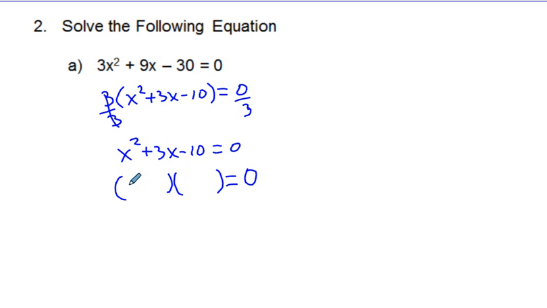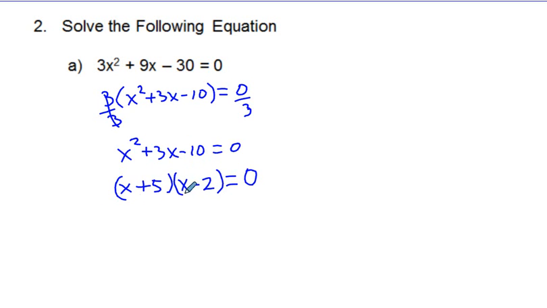So we're going to have to get a negative 10, so we're going to have a plus and a minus. And I'm thinking 5 and 2, and 3 is a positive, so I'm thinking quantity x plus 5, quantity x minus 2.